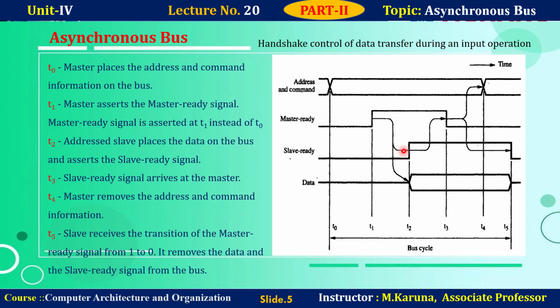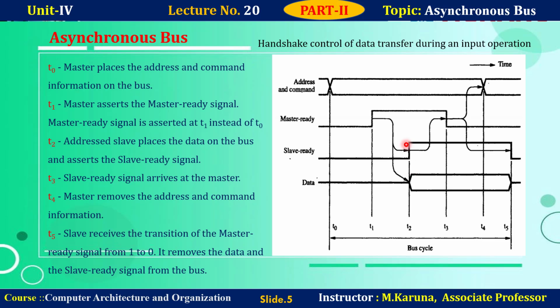Now at T2, the selected slave, having decoded the address and command information, performs the required input operation. This means the slave places the data on the data bus from its data register.